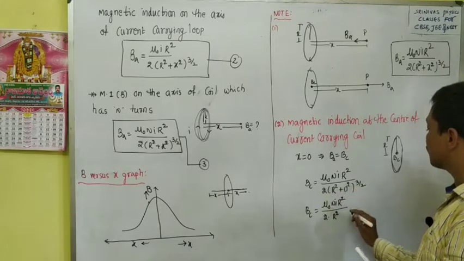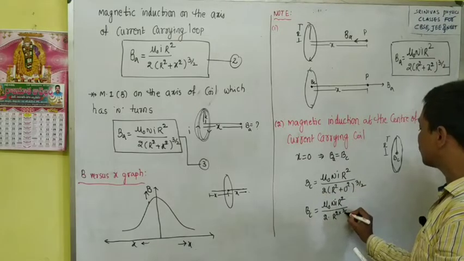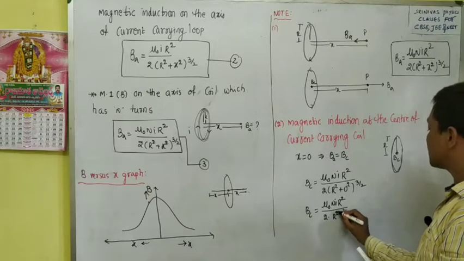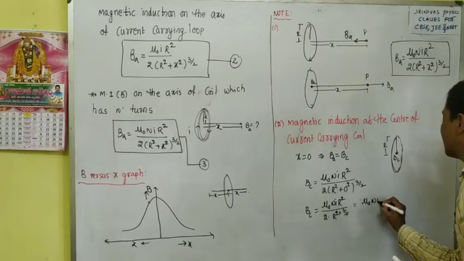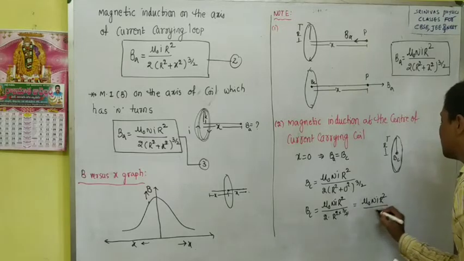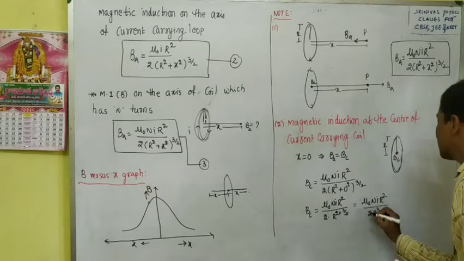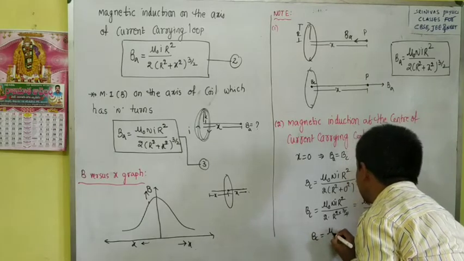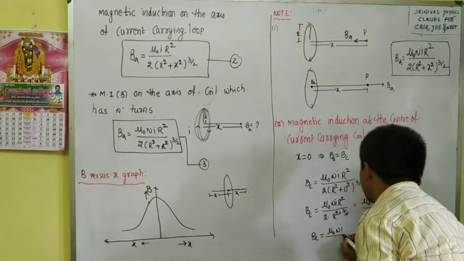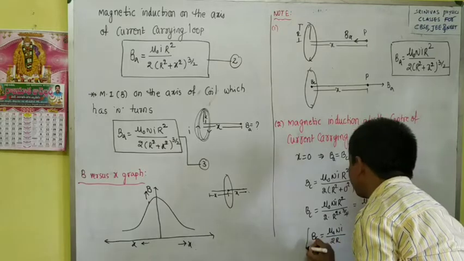Simplifying, this is mu naught N i r square by 2 r cube, and then we get mu naught N i by 2r.